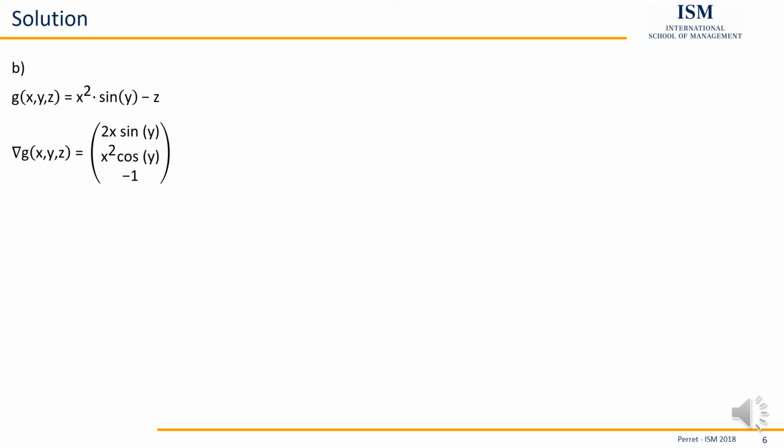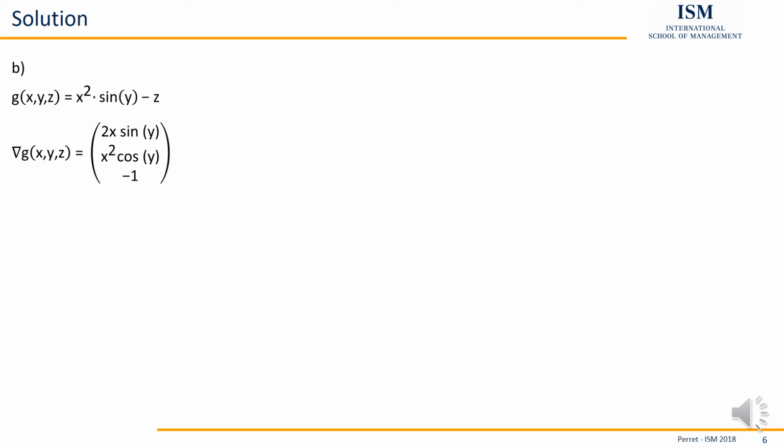This still remains relatively simple if we now derive this again for x, y, and z. If we go with x, we only have 2 sinus y. Then we have 2x cosinus y and 0, because minus 1 derived for x is 0. So this is 2 sinus y, 2x cosinus y, 0. Then we go for y.